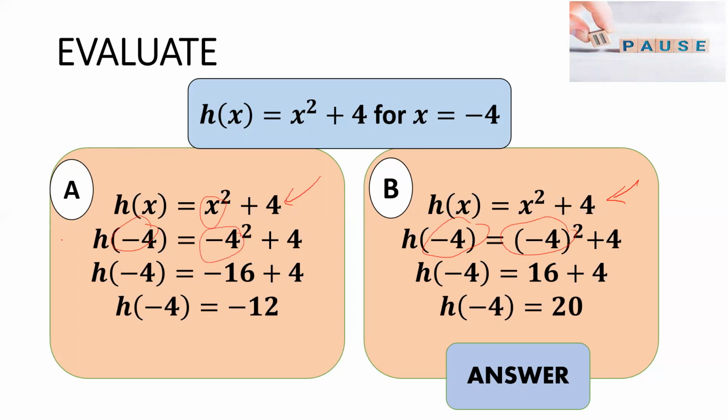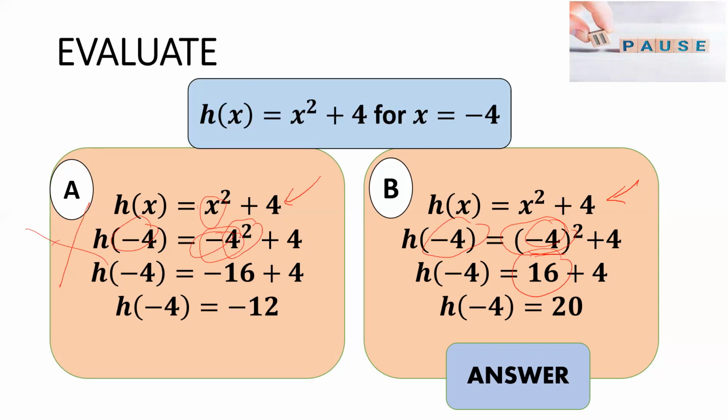That would make the solution wrong. Because if you square this one, you only square the 4, not including the negative. Unlike here, if you square this given, you will include the negative. That would mean negative 4 times negative 4, or negative 4 squared, that would give us positive 16.